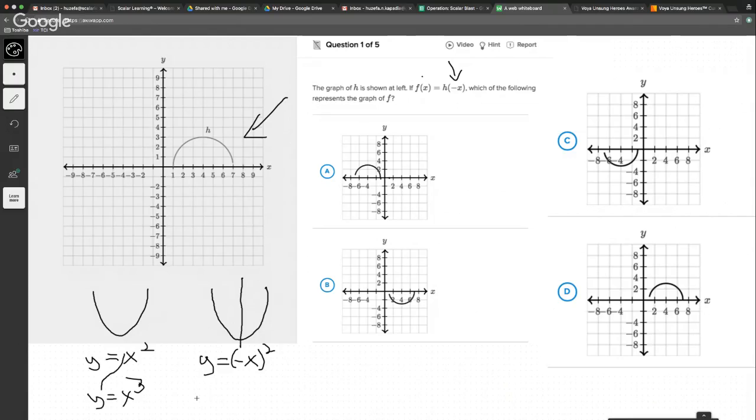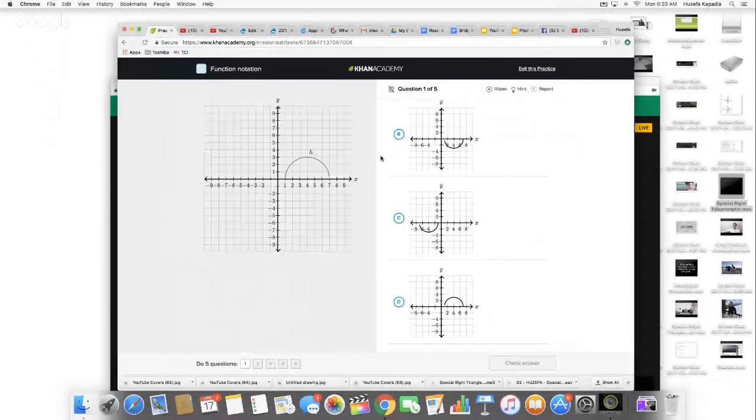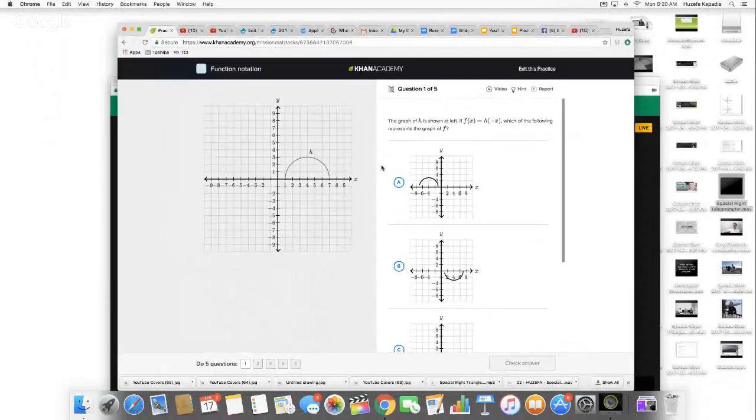If we did y equals negative x cubed, where we plugged in a negative value every time, when we had negative 1, we get positive 1, and it would flip it like this. So it would flip it around the y-axis. So I think that's right. It's either going to be A or B if I'm remembering this correctly, and I'm pretty sure it's A. So let's just go ahead and double check. Here we go.